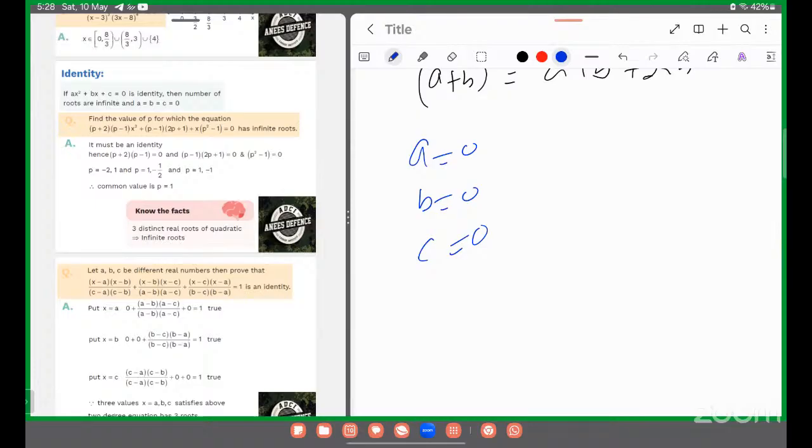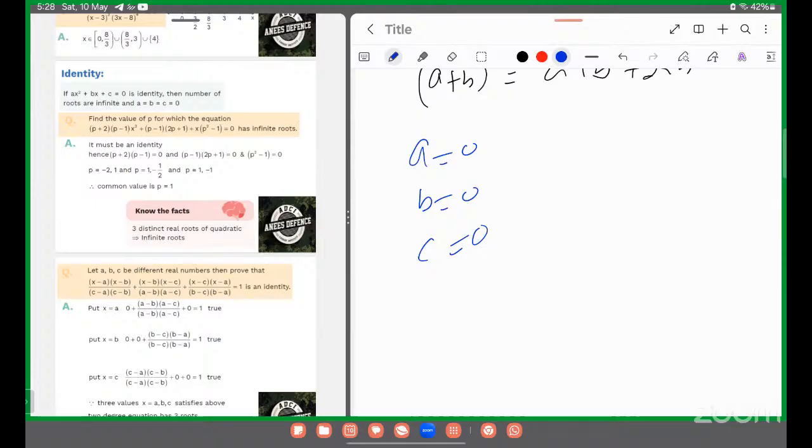For a linear equation, there will be only one root. If it is a cubic equation, there will be 3 roots. More than 3 or less than 3 cannot be satisfied. So you are given a quadratic equation and they say that the roots are 3. Not possible.